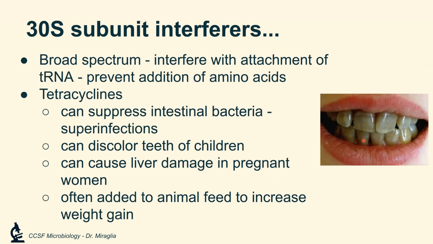What happens with tetracycline is if the tooth that's developing is exposed to tetracycline during the period when it would be undergoing mineralization or calcification, the tetracycline actually binds to calcium ions in the teeth. Then when the teeth erupt through the gums, the tetracycline initially looks like a fluorescent yellow, but when the light hits it, the tetracycline is oxidized and it turns brown over a period of months to years.